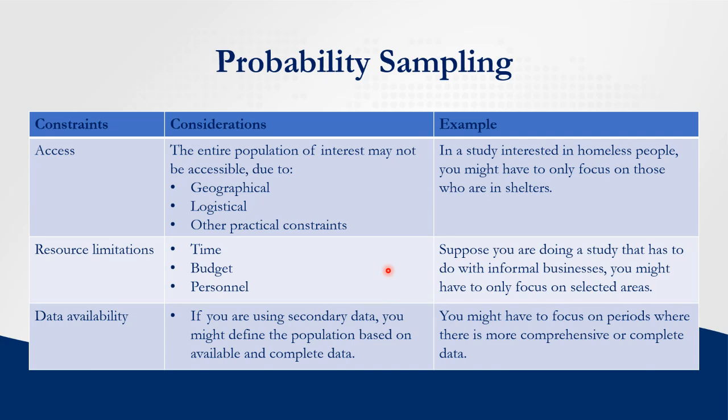When you don't have a list, you need to have an idea of how your population is laid out. For example, I once had someone who was doing a study on informal businesses in the city of Tshwane. If you think about the city of Tshwane, you have the CBD, you have the different areas, like the north, the south, the west, you have the locations. So how feasible is it that you'll be able to go to these locations?